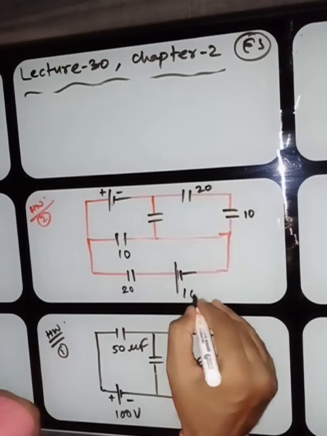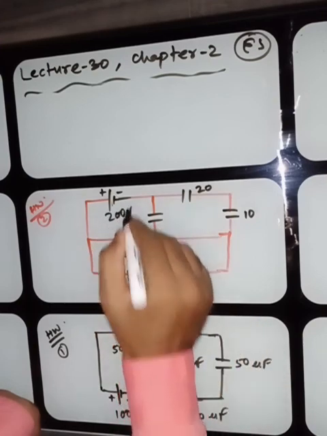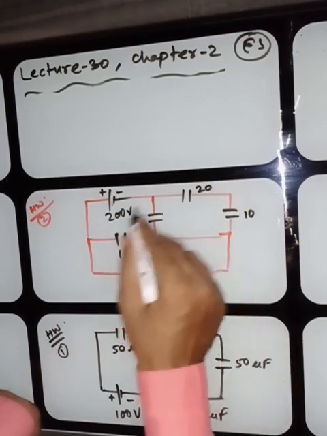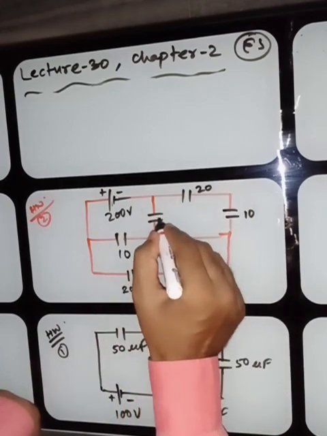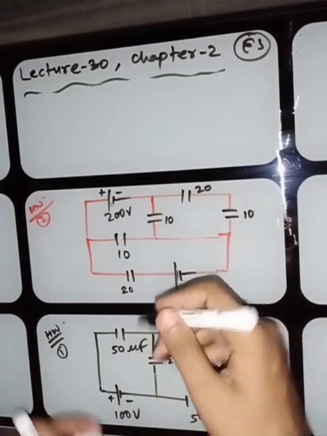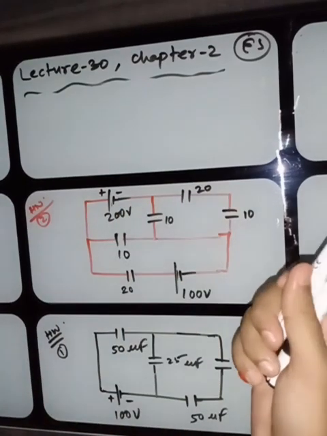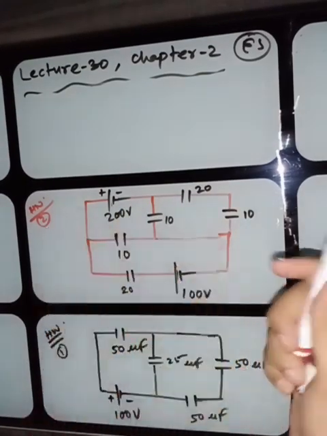Here 100 volt. Here suppose it is 200 volt. The 100 volt. This one also 10 microfarad. You have to find the charge on each capacitor and voltage across each capacitor.